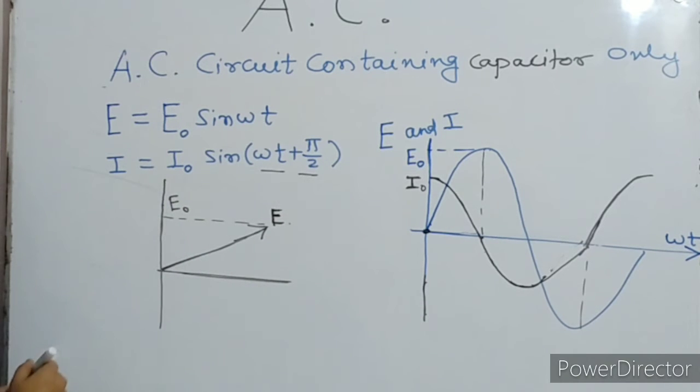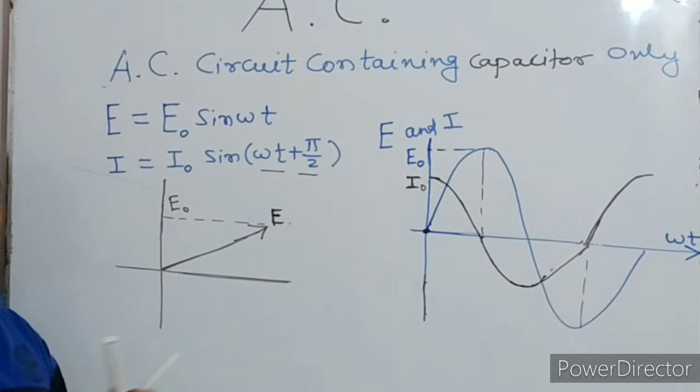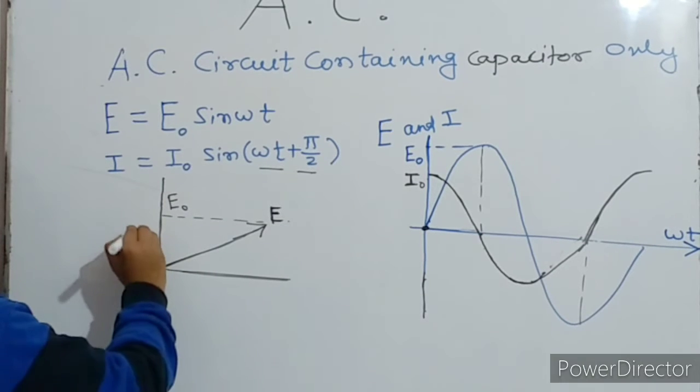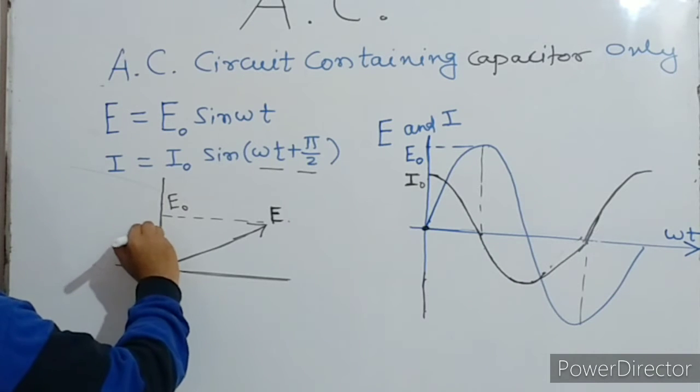It is given that current is leading by pi by 2, so current would be on this side, and it is drawn like this.